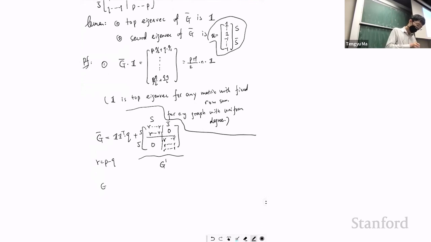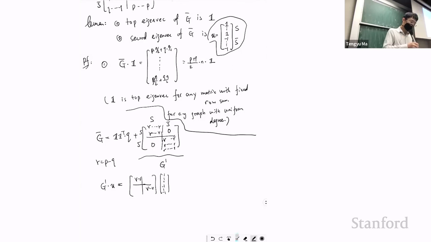We can verify G prime times U equals a multiple of U. How do you verify this? This is just because you can do this for the two blocks separately. So this is really just something like R times 1, minus 1, minus 1.